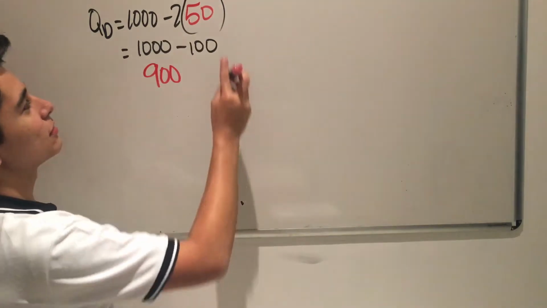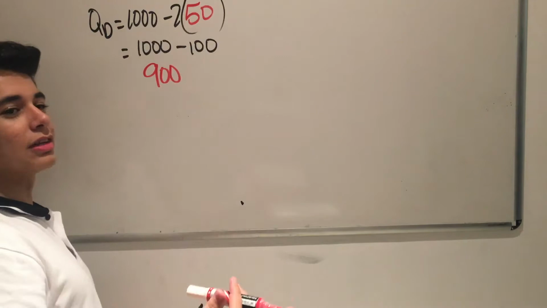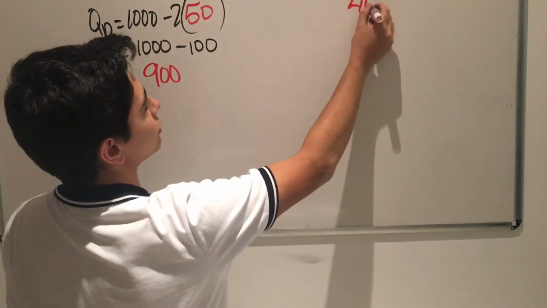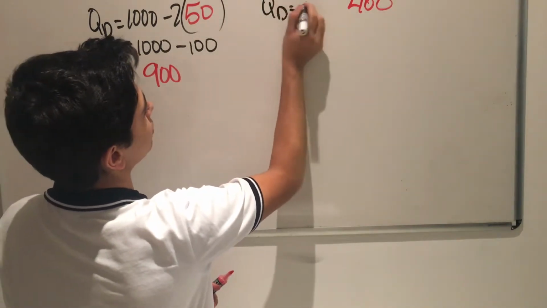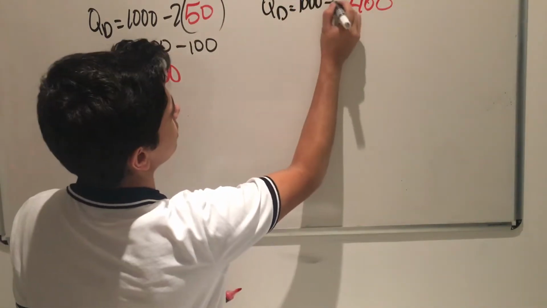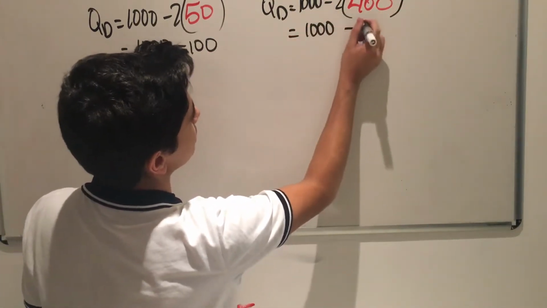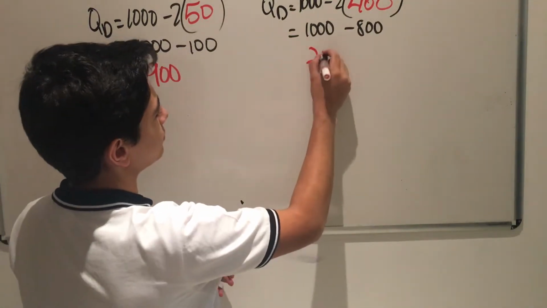So at the low price of $50, there was a high quantity demanded of 900. To further test the law of demand, let's assume the price of a sneaker is $400, and therefore the quantity demanded is equal to 1000 minus 2 times 400, which is equal to 1000 minus 800, and that means that the quantity demanded is 200.